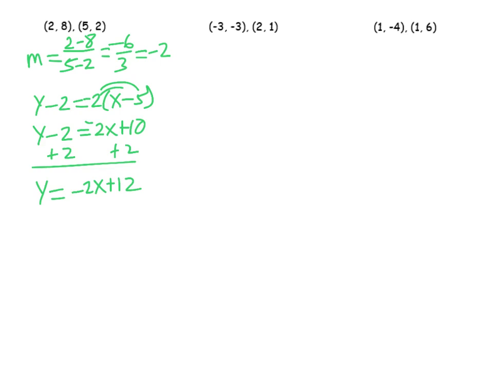Let's try two more, just to show you that we'll follow the exact same steps here. 1 minus -3 over 2 minus -3, that's 4/5.